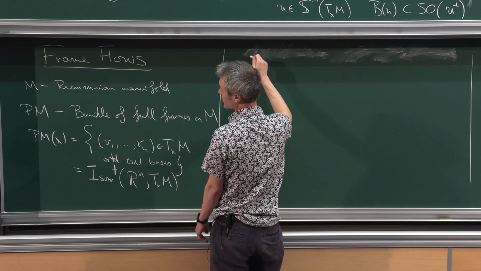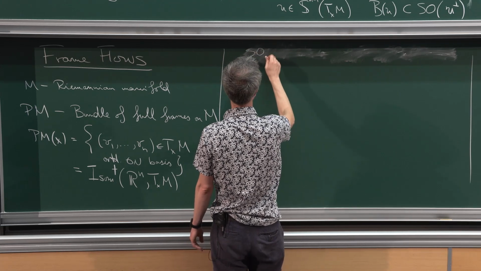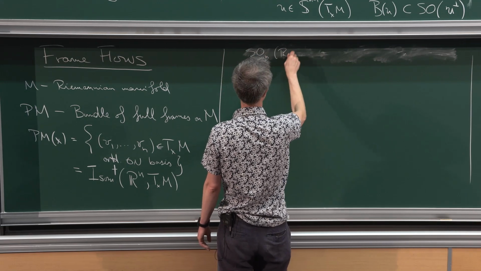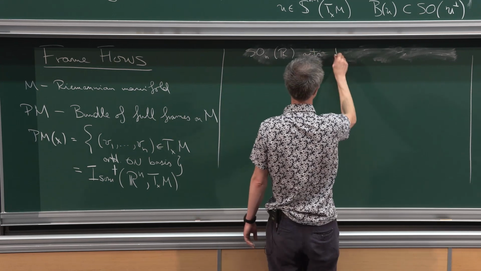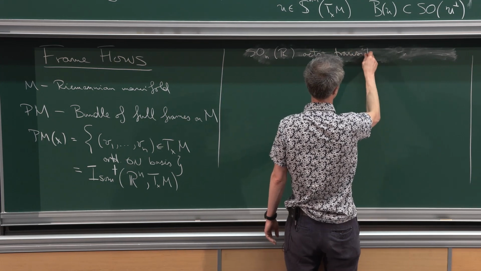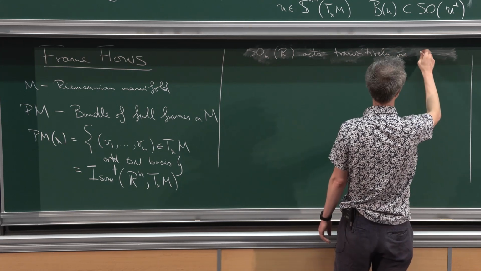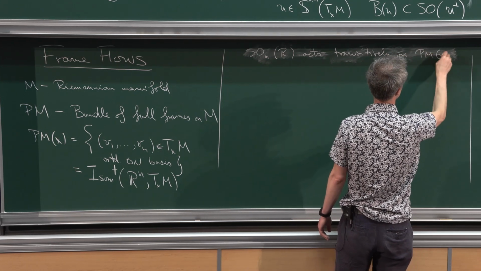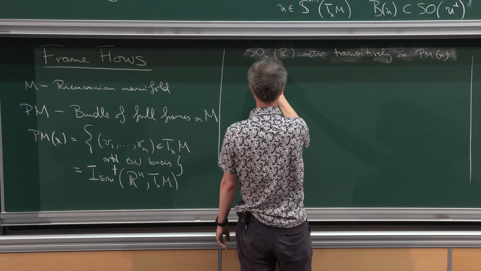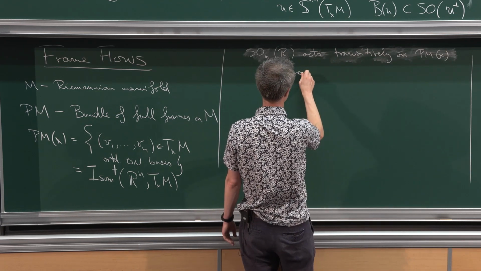So SO(n,R) acts transitively on PM of x by precomposition on the right.